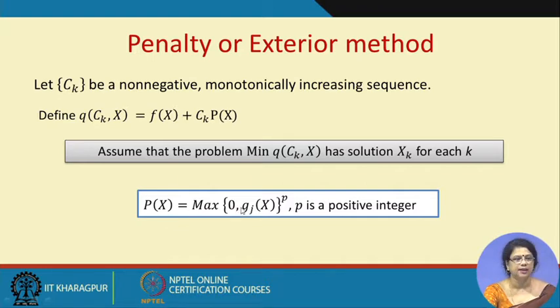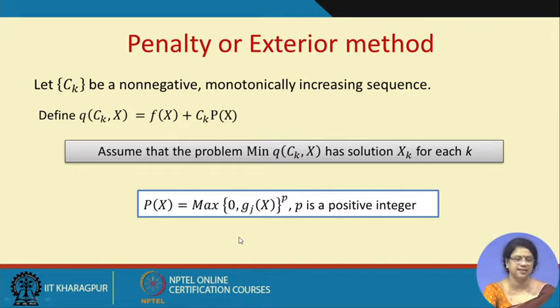If x approaches the boundary of the feasible space, the p(x) value will converge to 0, whereas the value of Ck will go to infinity.